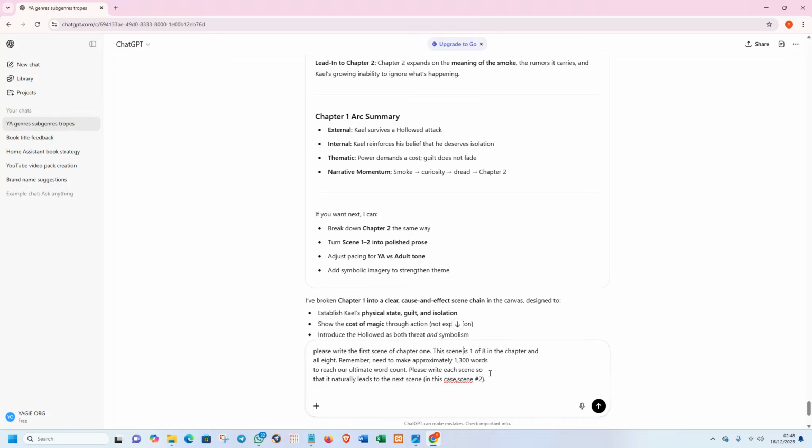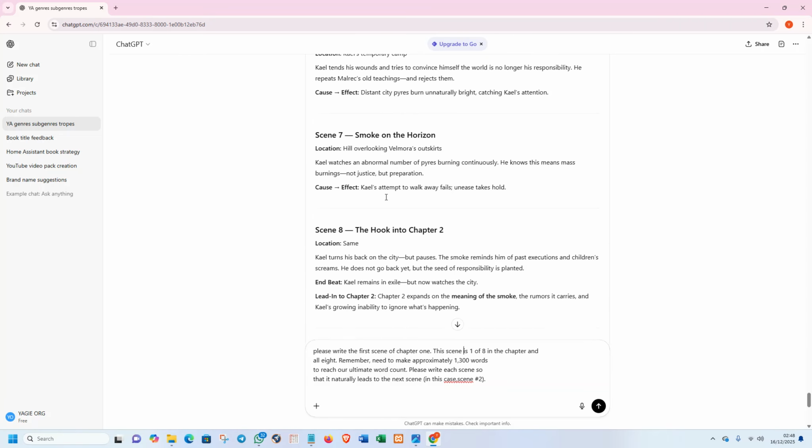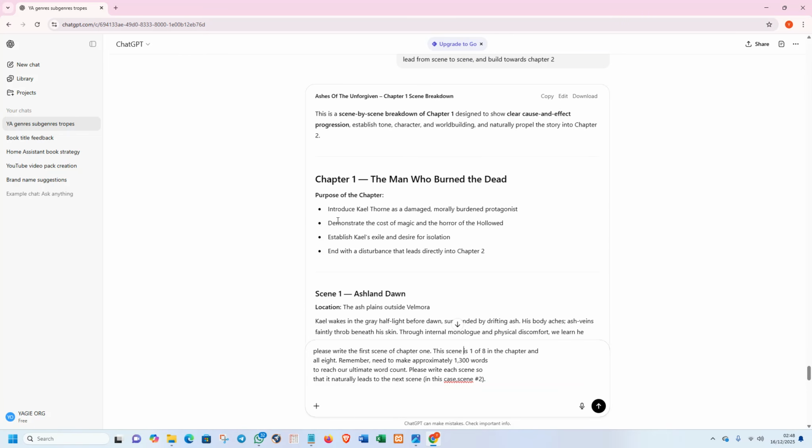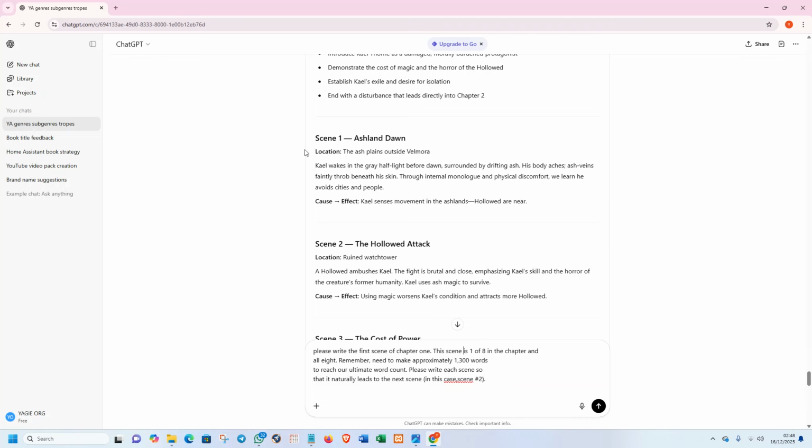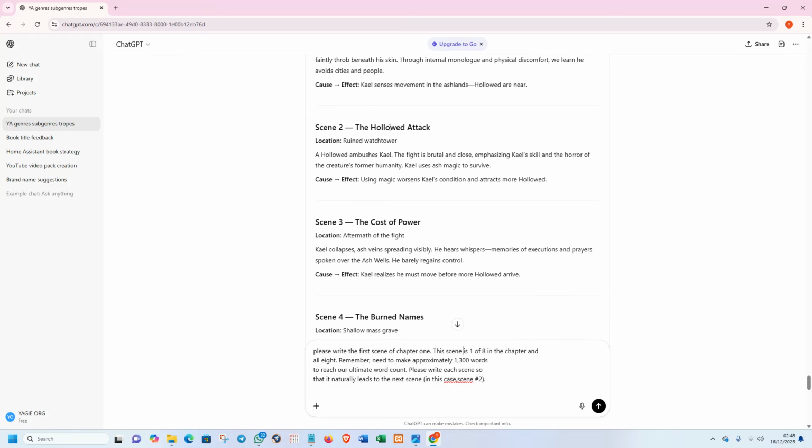Please write each scene so that it naturally leads to the next scene, in this case scene 2. So we are writing scene 1, which is this one, so that it will naturally lead to scene 2. We will leave it like that and press enter.